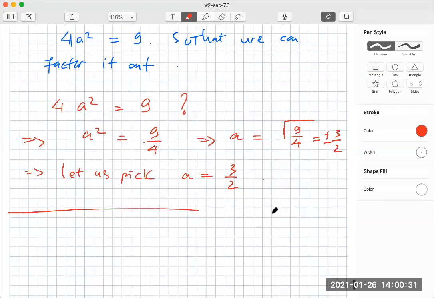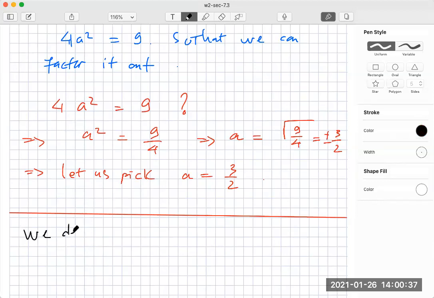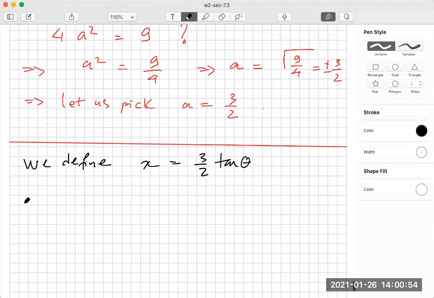So now this is a draft. We know that we need to define, so we define x to be 3/2 tan theta. Okay. So what should we do? The same story, right? We need to find the relation between theta and x.